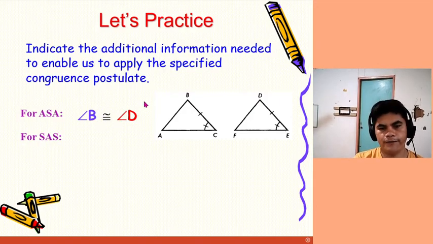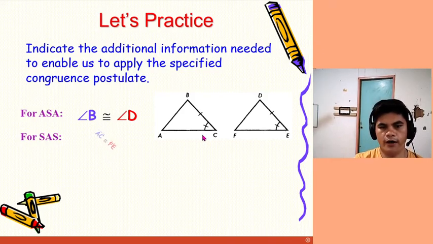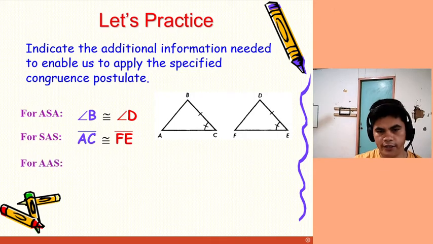How about if we are going to solve for SAS? Again, we have the side and the angle. We need one more side. So what side is that? Is it AB and FD, or AC and FE? The right one is side AC.